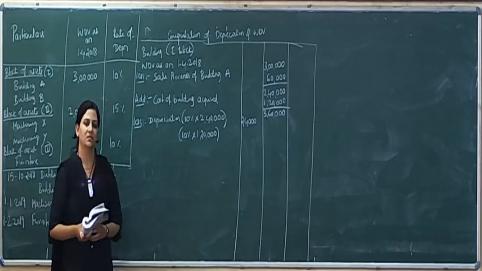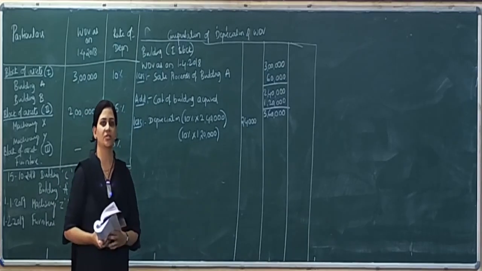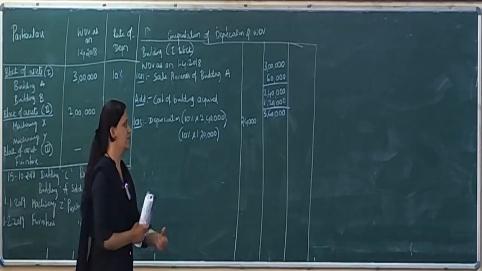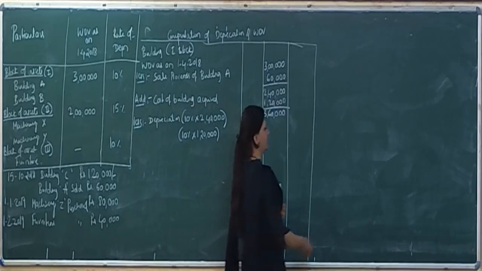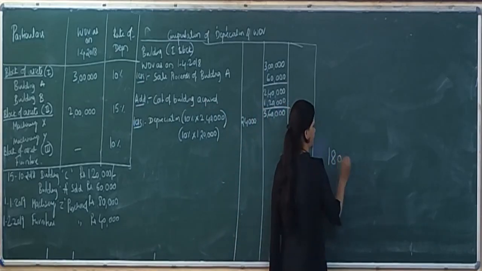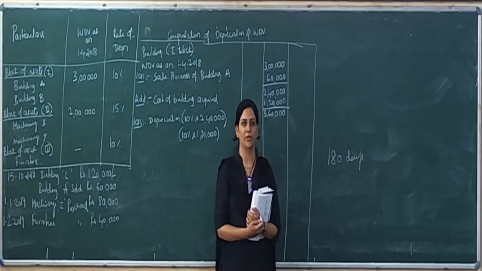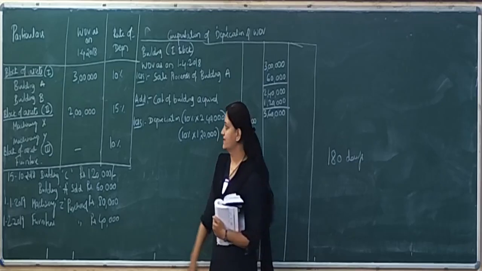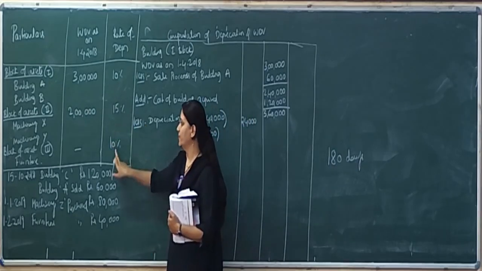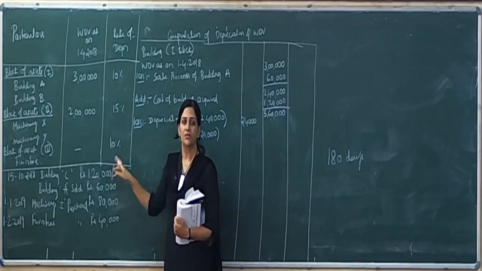Here, one more clause we need to check is that to qualify for the depreciation, the number of days. If any asset is put to use for more than 180 days, then we provide complete depreciation. The depreciation rates given are 10%, 15% and 10% respectively.